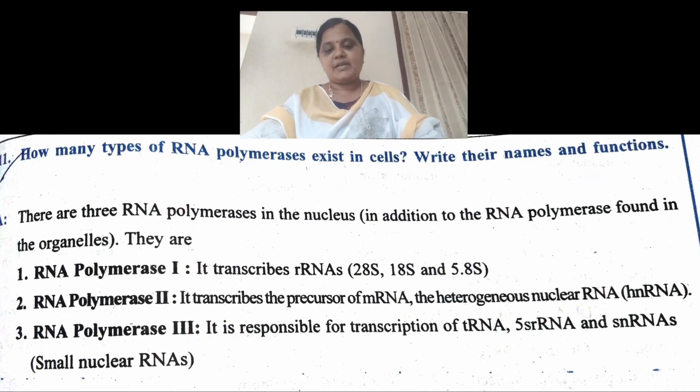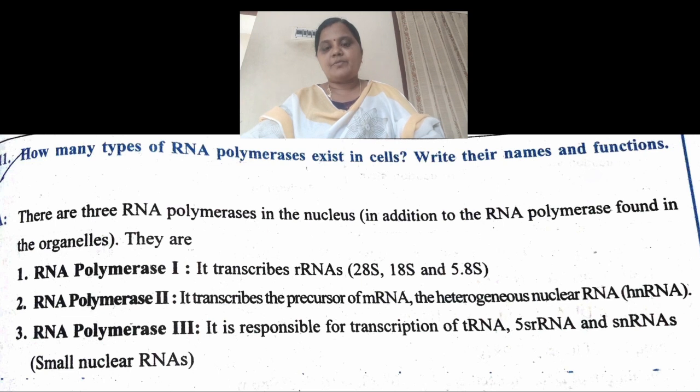RNA polymerase 1 transcribes rRNAs, that is 28S, 18S and 5.8S. RNA polymerase 2 transcribes the precursor of mRNA, the heterogeneous nuclear RNA, that is hnRNA.